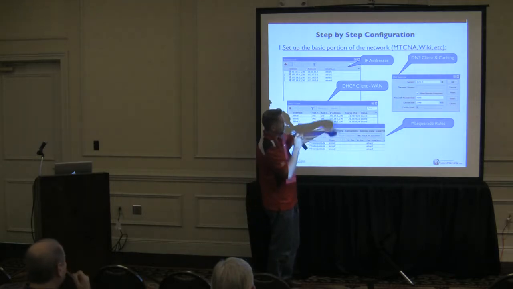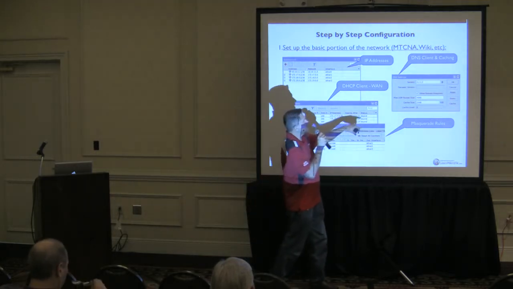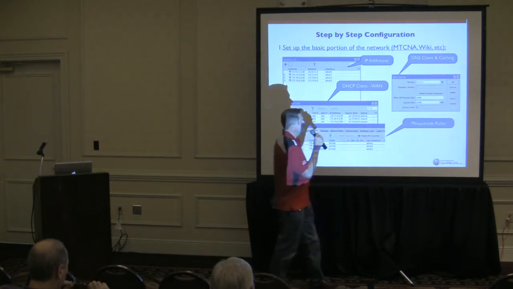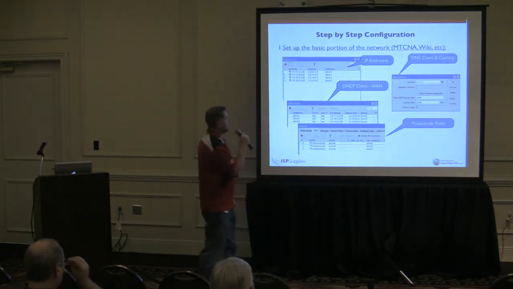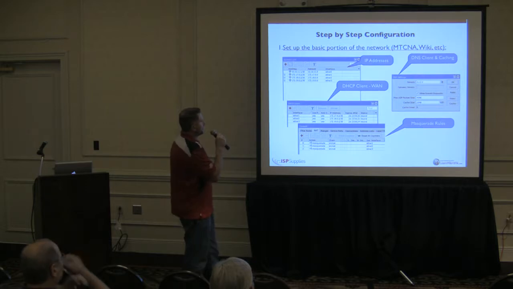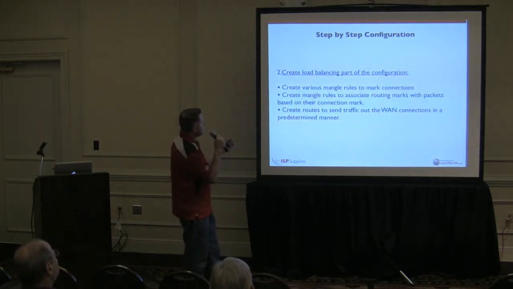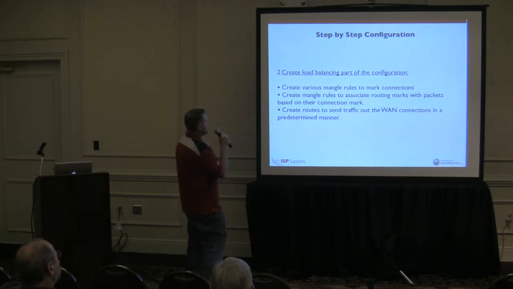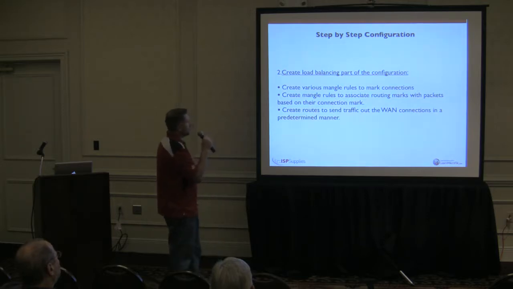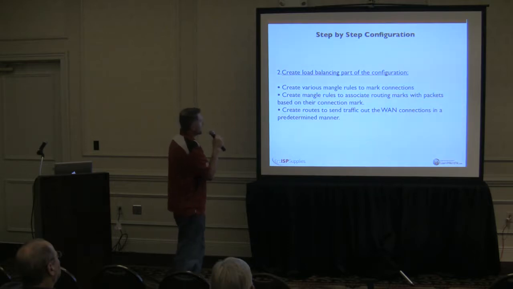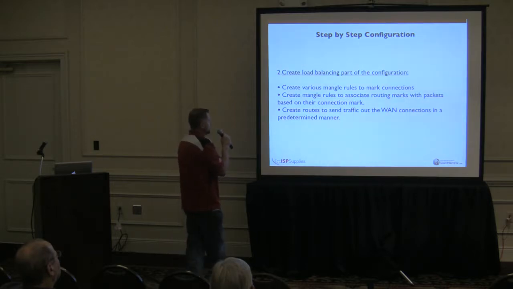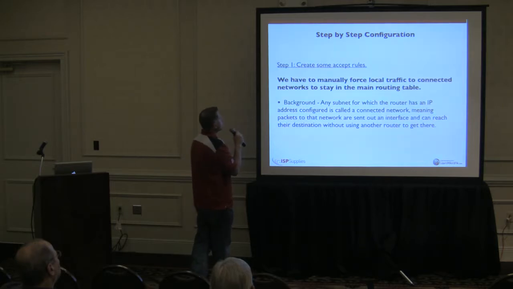Masquerade rules to masquerade the traffic so it can hide behind the public IP. And DNS client and DNS caching. So that's covered elsewhere. This is the part we're going to focus on. Mangle rules to mark our connections. Mangle rules to associate those routing marks with the packets based upon connection marks, and routes to send traffic out the WAN connections in a predetermined manner.